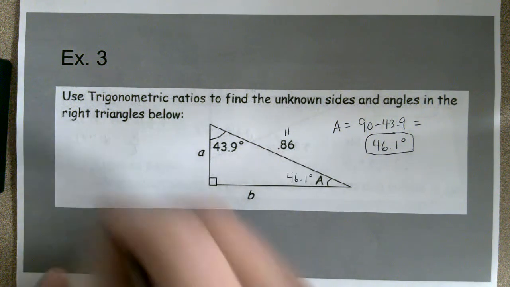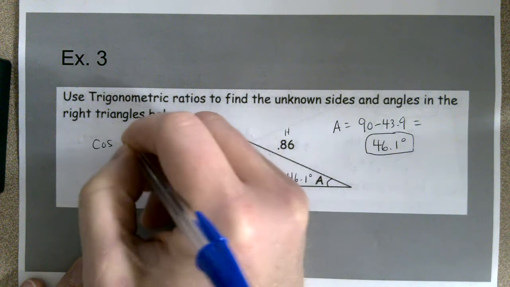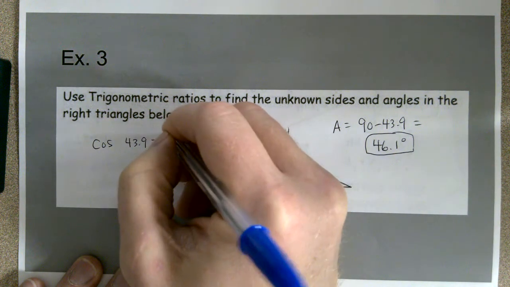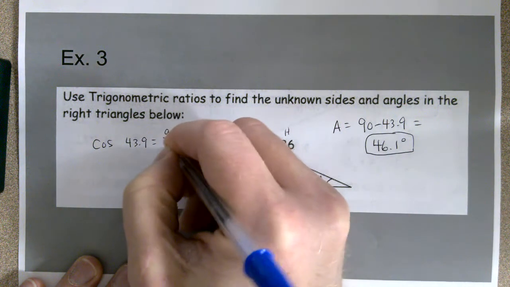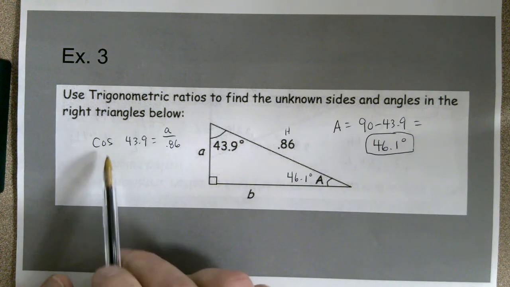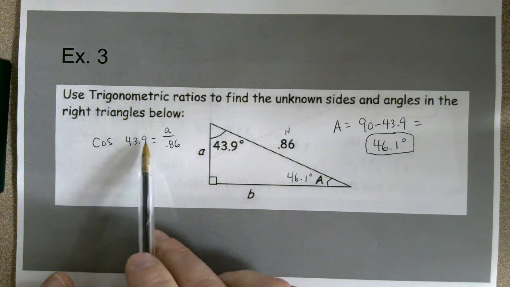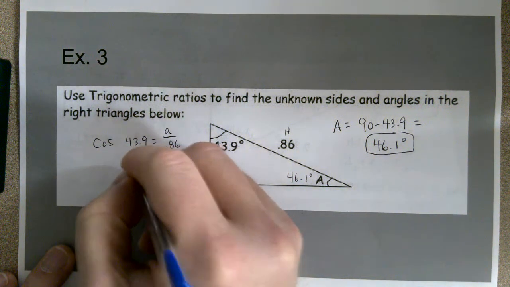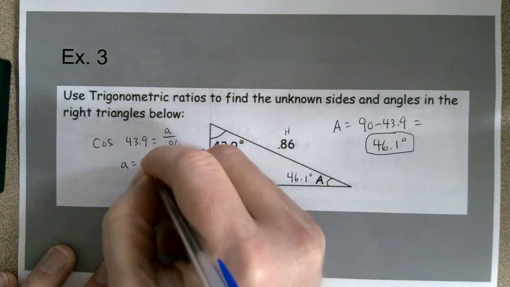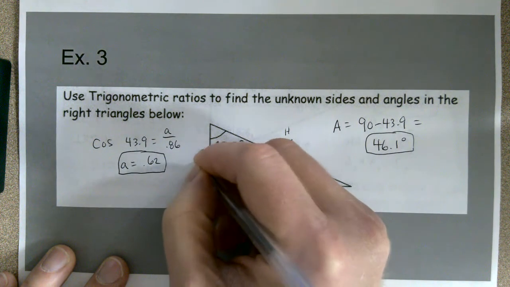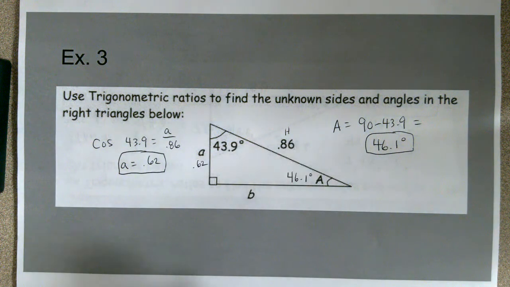So I would do the cosine of 43.9 is equal to A over 0.86, which is the hypotenuse. Basically here I'm going to type into my calculator cosine of 43.9 and multiply that by 0.86, and I should get an A value here of 0.62. So A is 0.62. That's that length. Again, it should be smaller than the hypotenuse, and it is.